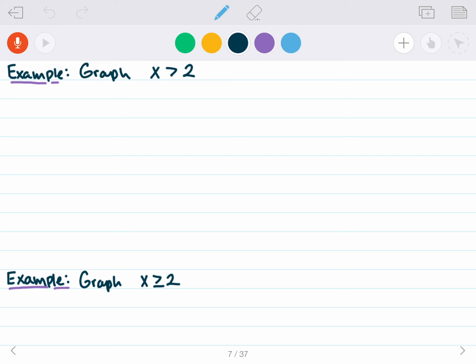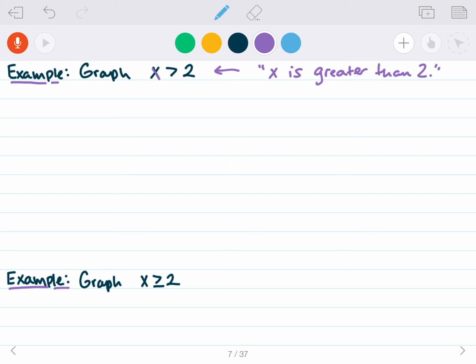Alright, so let's practice graphing some of these things on number lines. So x, first of all, let's read it from left to right. That's usually the way that we do it, but you can read it either way. So from left to right, we can read: x is greater than 2.